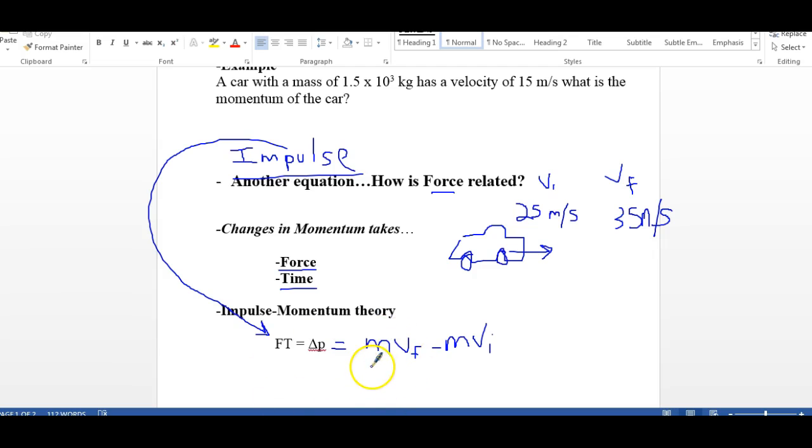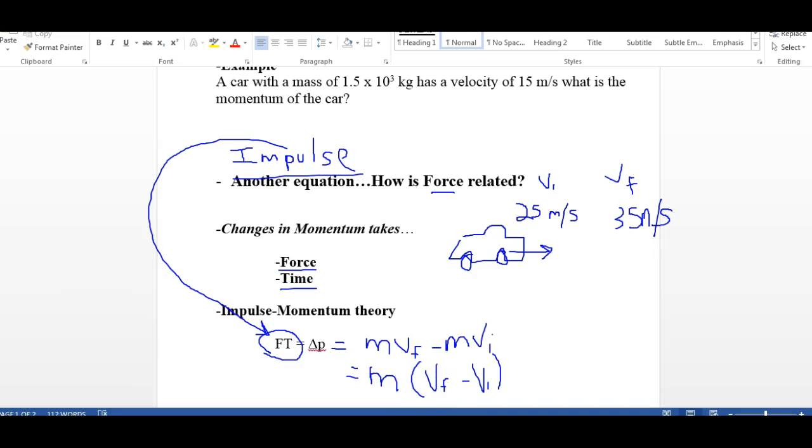And what's really important to remember is the mass isn't going to change of the car unless people get out of it or something falls off the car. So we could actually undo the distributive property and just say m times velocity final minus velocity initial. And then we would be able to figure out what is the impulse, the force, and the time. Okay.